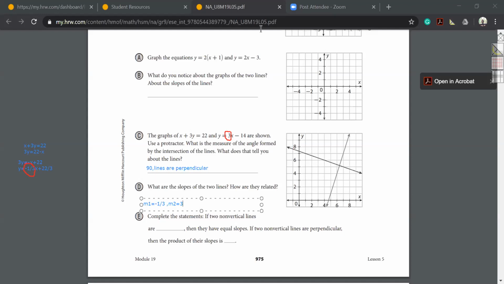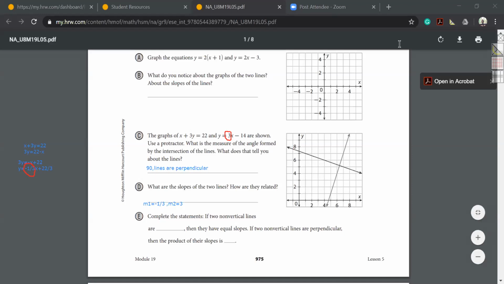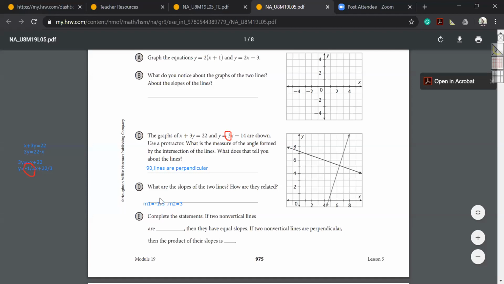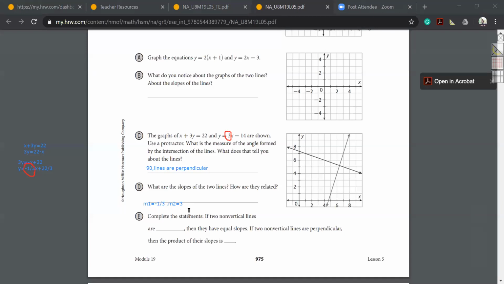Right? Very good. So it means that they are reciprocals of each other, but with opposite signs. So this is what we are going to write in here: they are opposite reciprocals.